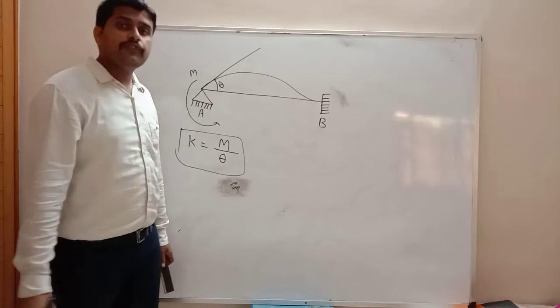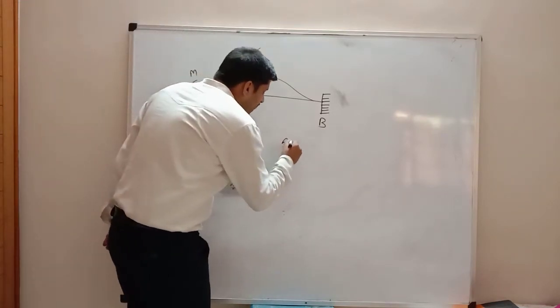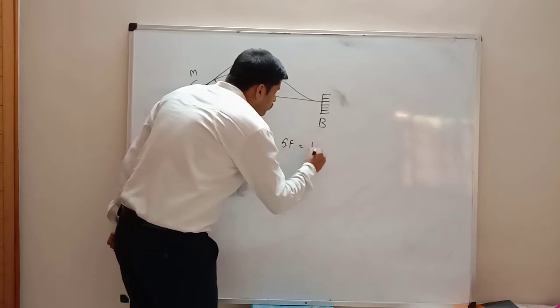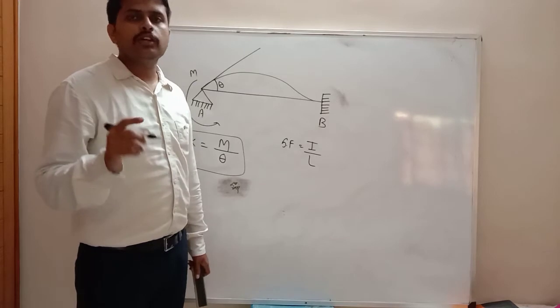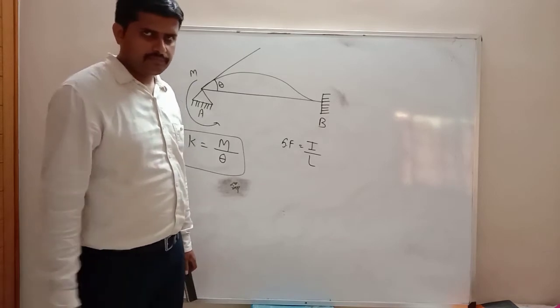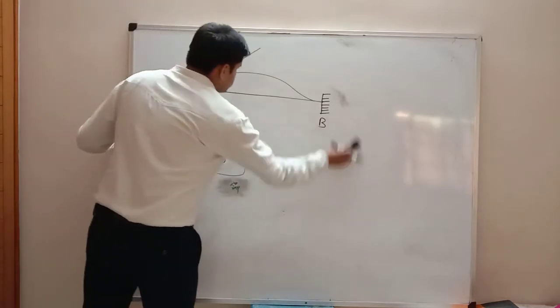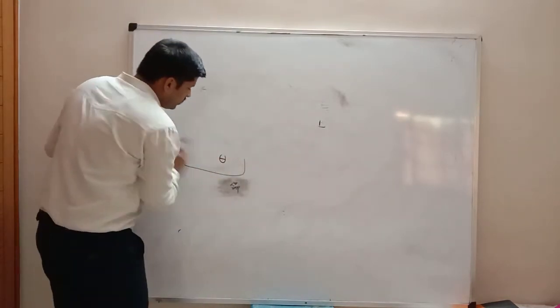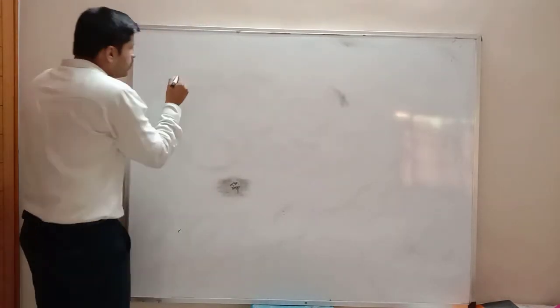Now stiffness factor. Stiffness factor is defined as ratio of moment of inertia to the length of the beam. Stiffness factor are of two types, which depends upon the end conditions.